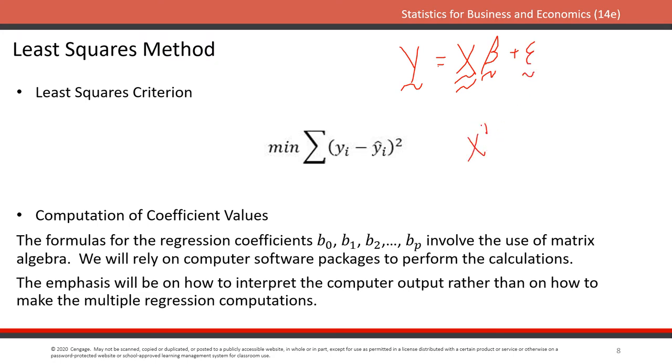Then we have X transpose X quantity inverse X transpose Y. And these will have squiggles under them. All right, so this is my estimates for my betas, the beta hat vector.